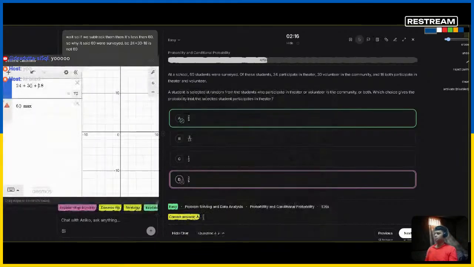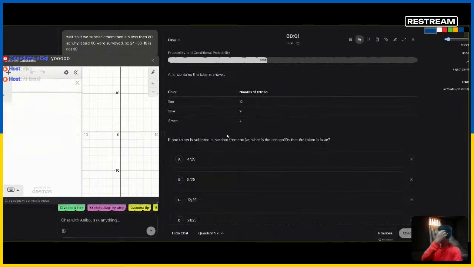So 18 did both, so because 18 did both, it will be duplicated. So they max 18, so 36 is the max. So who participated in theater? 24. So 24 divided by 36 is 0.6667, which is two thirds.